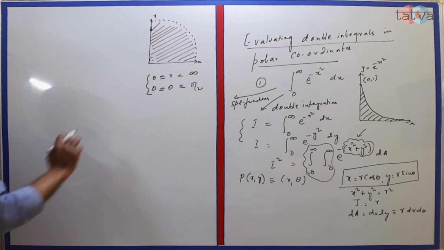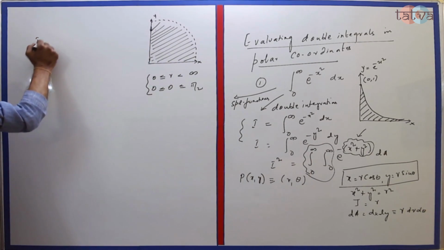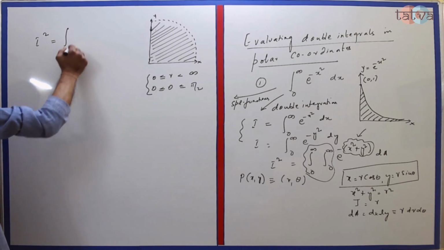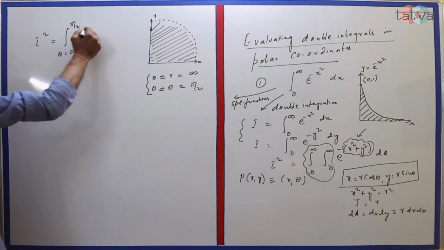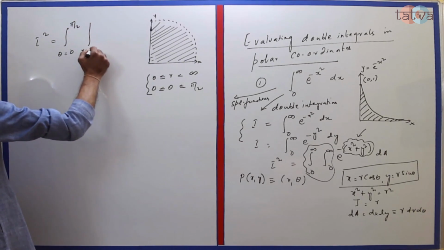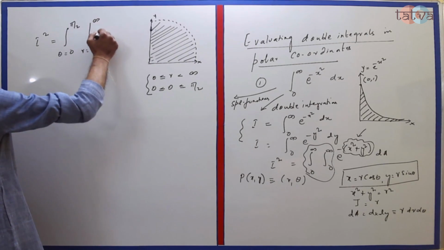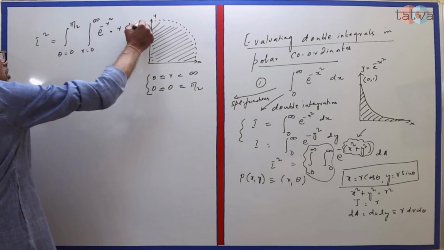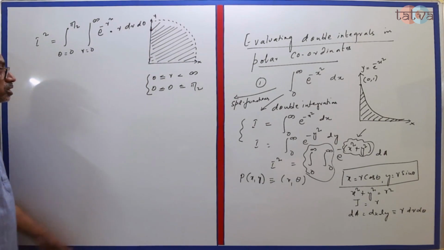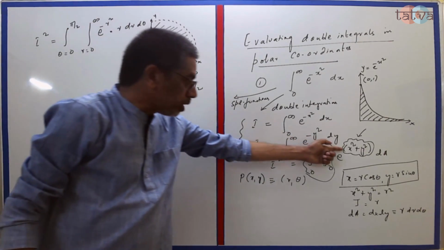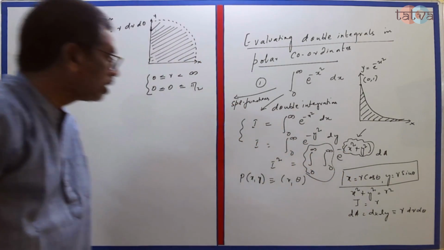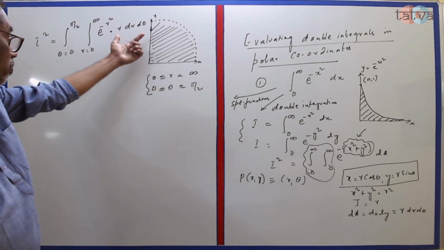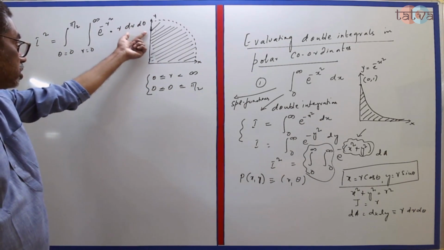So in the polar system, I square appears like this. You can see the big gain is x square plus y square becoming r square. And then of course the area element dA will now become Jacobian times dr d theta.